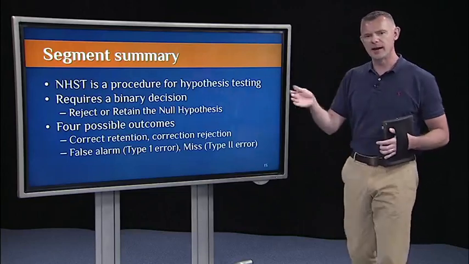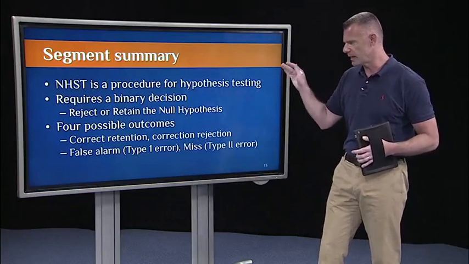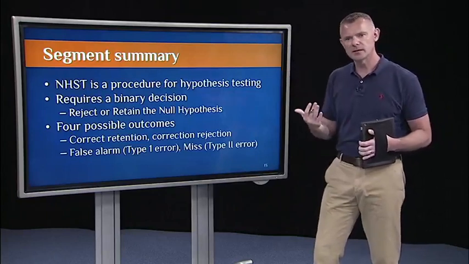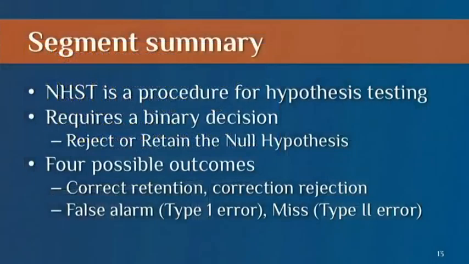It requires this binary decision, so you either reject the null hypothesis or you retain it. And what that means is there are always going to be 4 possible outcomes. 2 are great, correct retention, correct rejection, and 2 are errors. The type 1 error, a false alarm, and the type 2 error, a miss.